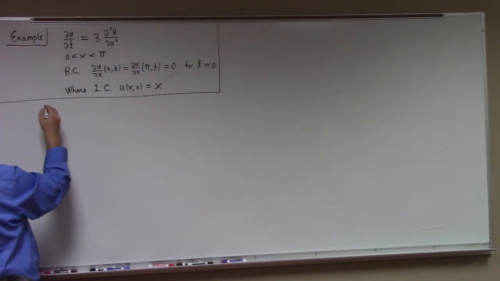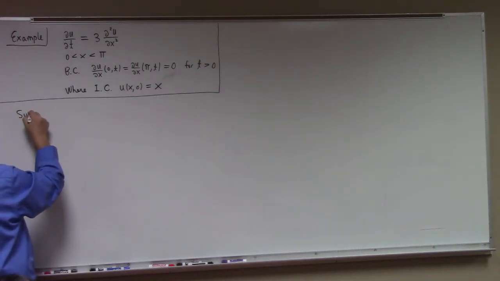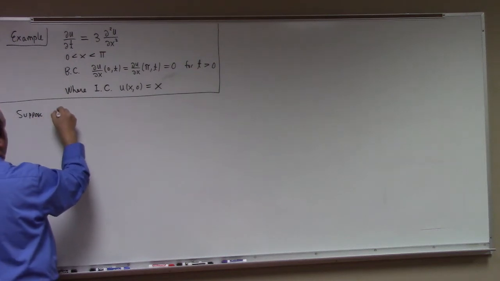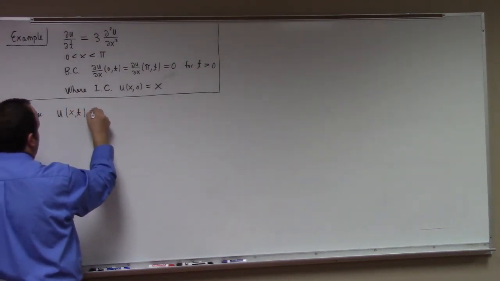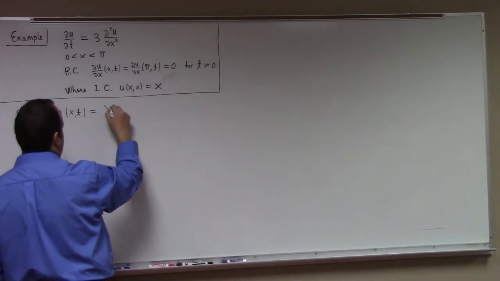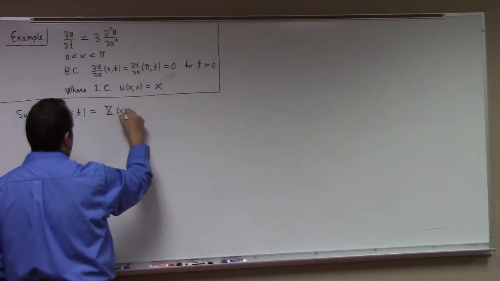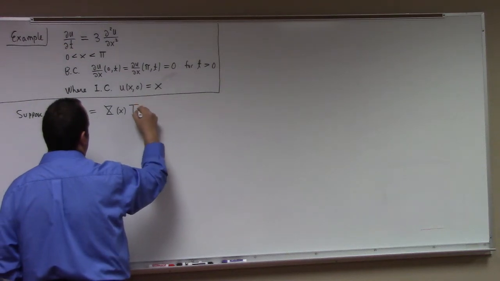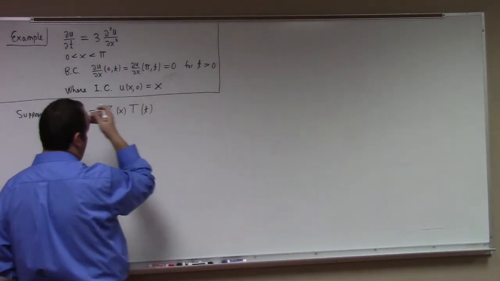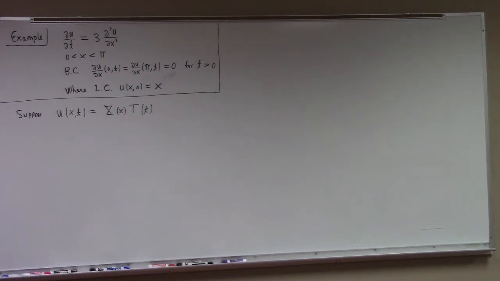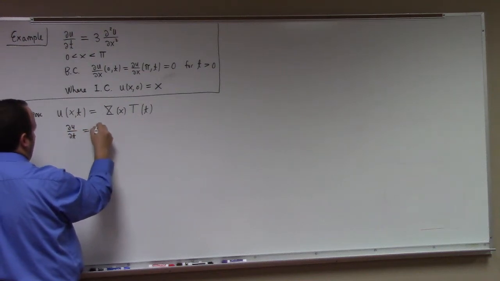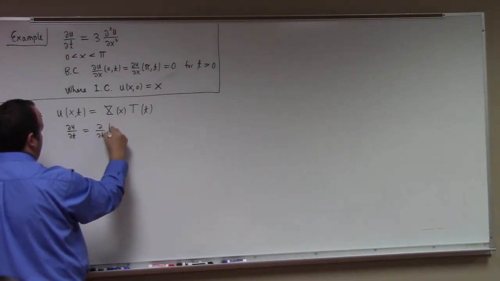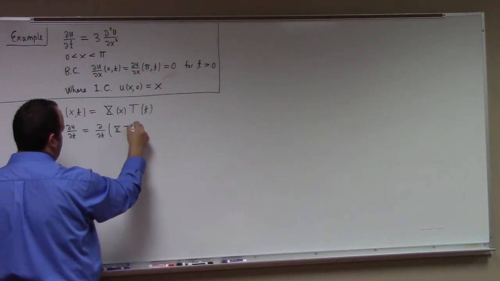So what we do is we suppose that u of x comma t can be written as a product of functions of x and t. So X of x and T of t. All right? So if we do that, then when you calculate things like partial u, partial t, if we take a time derivative of X times T, what's that going to do?